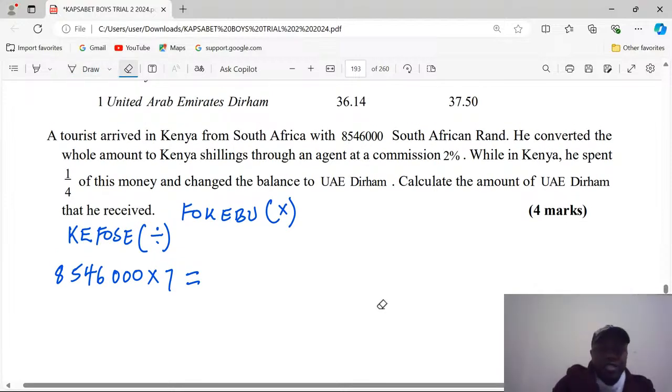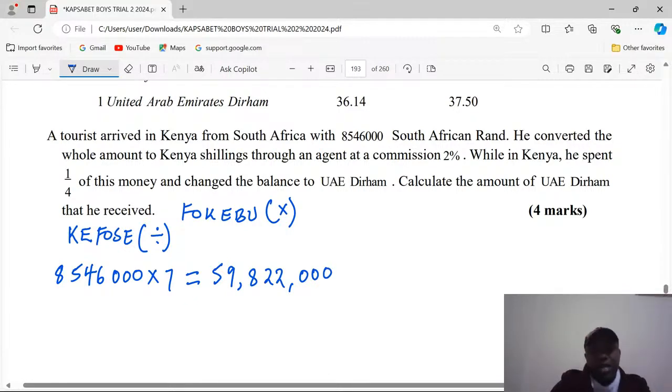When we multiply this amount by 7, let me tell you what we're getting. 8,546,000 multiplied by 7 becomes 59,822,000 Kenya shillings.